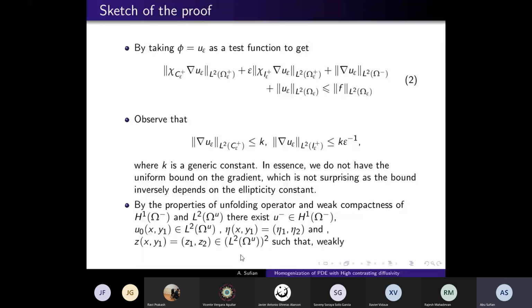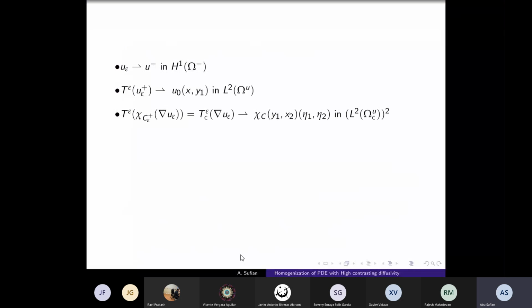So there are going to be a u^+ minus u naught belonging to L2(Omega), a vector eta = (eta1, eta2), and a vector z = (z1, z2) belonging to L2(Omega x Y)^2, such that u_epsilon^- weakly converges to u^- in H1(Omega^-), and T_epsilon u_epsilon^+ weakly converges to u naught(x, y1) in L2(Omega x Y). T_epsilon chi_C epsilon grad u_epsilon, which is the restriction of the unfolding operator on C epsilon that we have denoted by T_epsilon^C, so T_epsilon^C grad u_epsilon weakly converges to chi_C(y1, x2) (eta1, eta2) in L2(Omega x Y)^2, and T_epsilon chi_I epsilon grad u_epsilon weakly converges to chi_I(y1, x2) z(x, y1), and as z is a vector, this is chi_I(y1, x2)(z1, z2) in L2(Omega x Y)^2.